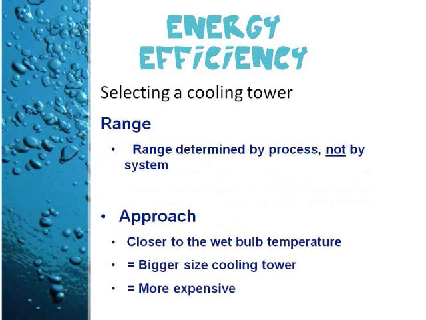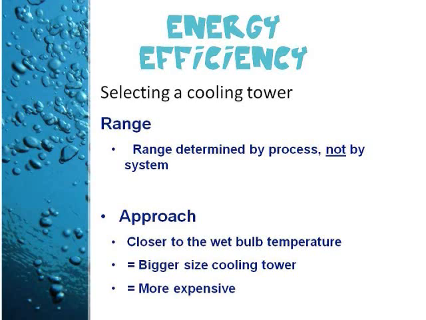Let's take a look at the range. The range is the difference between the cooling tower water inlet and outlet temperature. The range is thus determined not by the cooling tower but by the process it is serving. The approach is also important. This is the cold water temperature minus the wet bulb temperature.